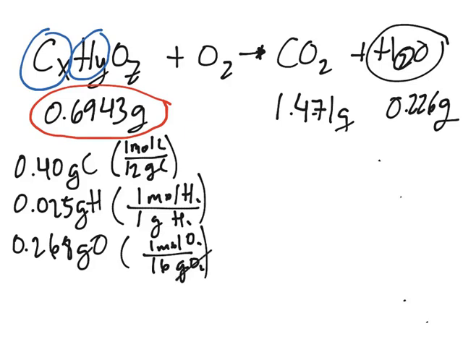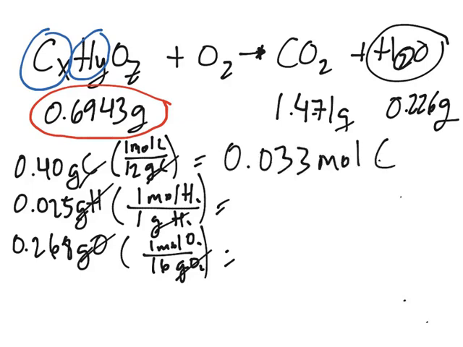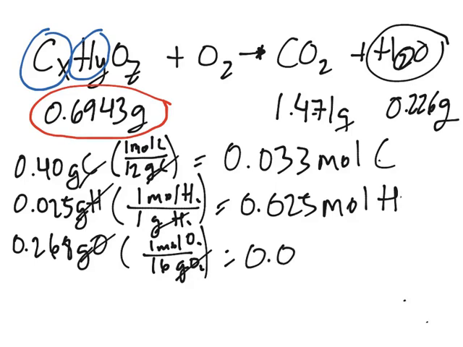So let's go with this, and we'll simply have the moles of each of them. So we get 0.033 moles of carbon, we get 0.025 moles of hydrogen, and 0.0167 moles of oxygen.